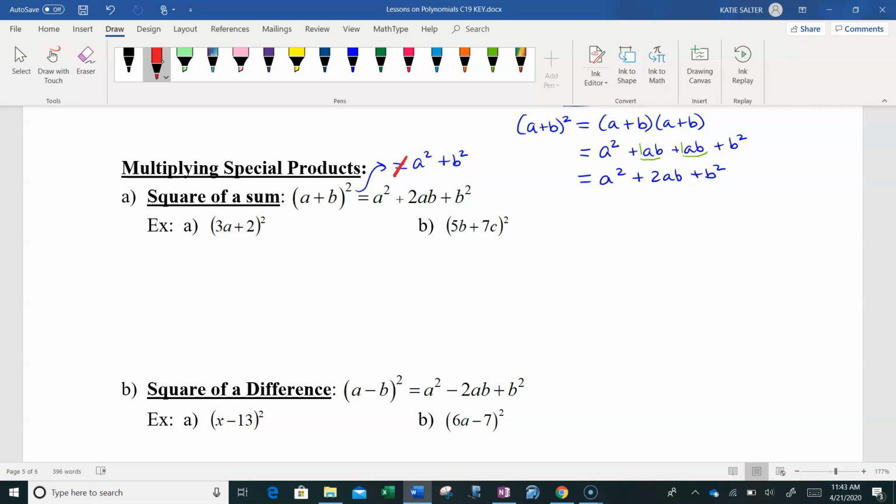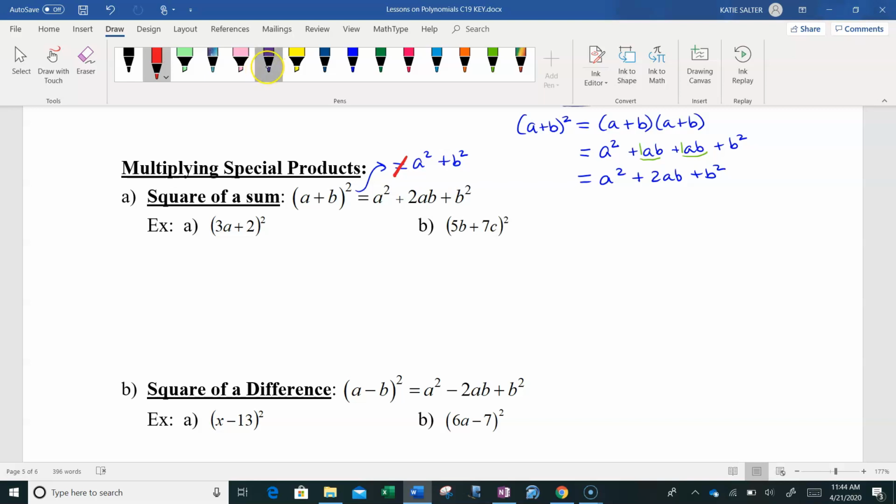Those rules are if you have a product raised to a power or a quotient raised to a power, you can distribute the power. You cannot do that if you have a sum or difference raised to a power. So pretty much all you have to know is anytime you see a binomial squared, write it out twice, and then multiply your two binomials together, either using the box method, the distributive method, or the FOIL method.